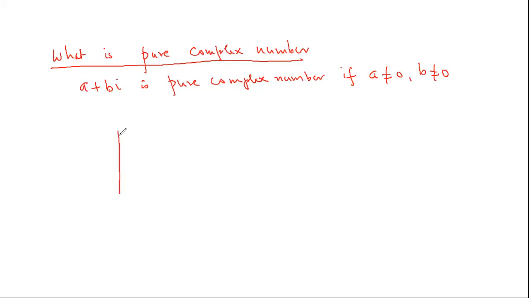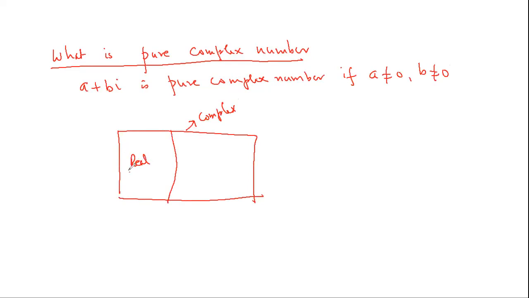So the whole set of complex numbers has got 3 parts: real numbers, then imaginary numbers, and pure complex numbers.